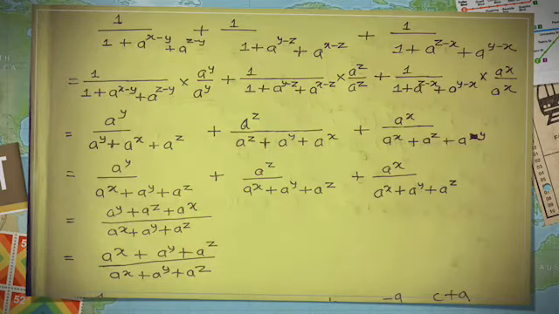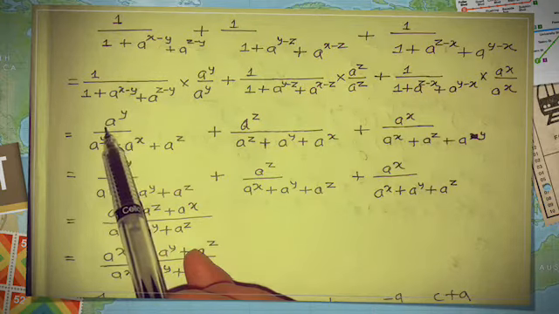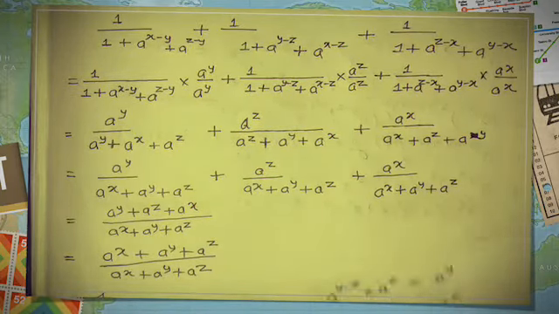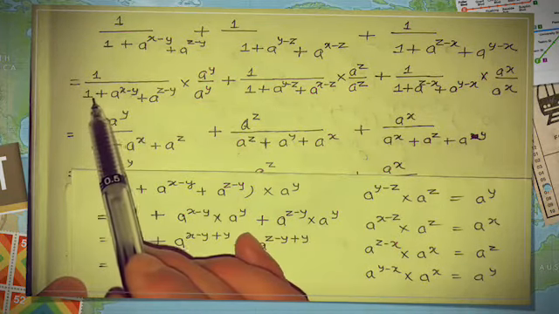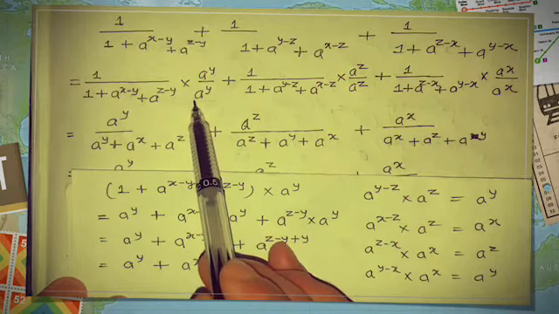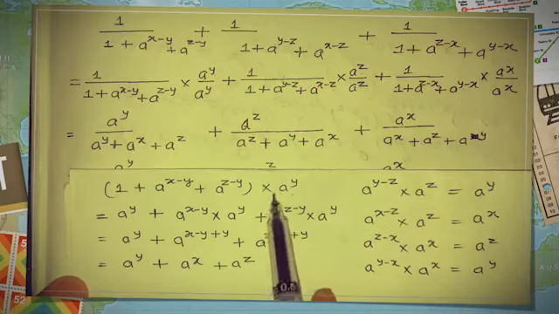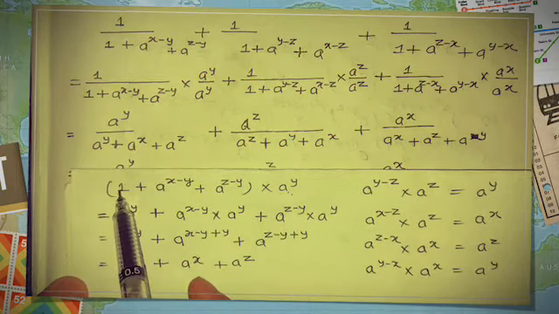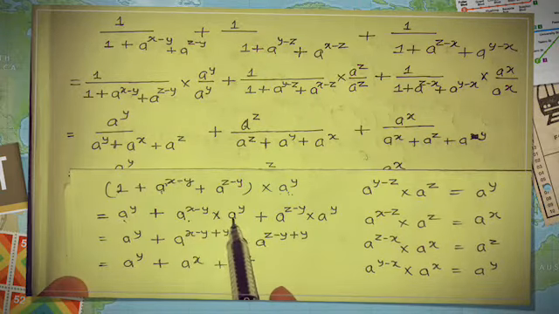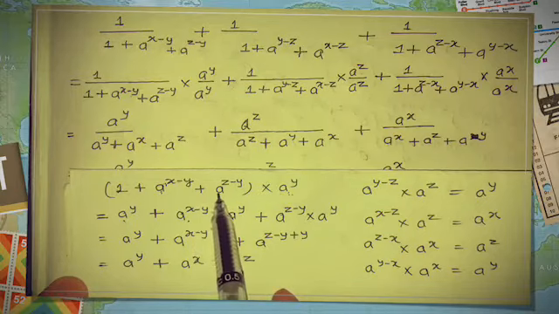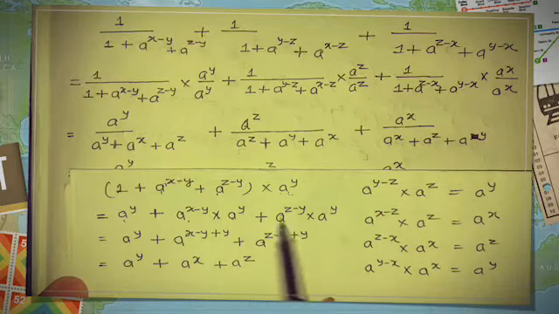And look at here, in numerators a^y multiply a^y. In denominators, you have to multiply these 3 terms by a^y. Then a^y multiply 1, a^y to the power x minus y multiply a^y, and in others a to the power z minus y multiply a^y.